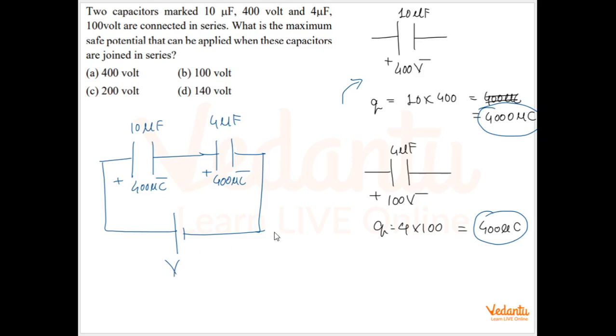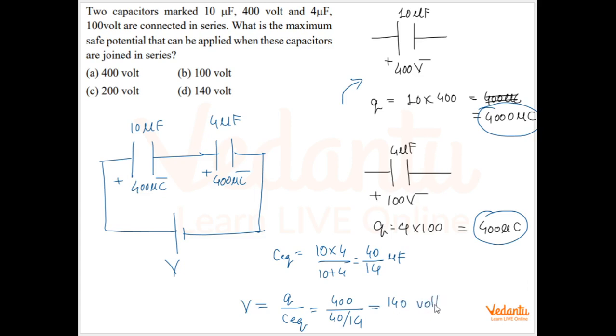So in this case beta, the equivalent capacitance will just be equal to 10 into 4 upon 10 plus 4, that will be 40 by 14 microfarads. And my dear bachcha log, the potential will just be Q divided by C equivalent, that will be 400 divided by 40 by 14, that will be equal to 140 volts.